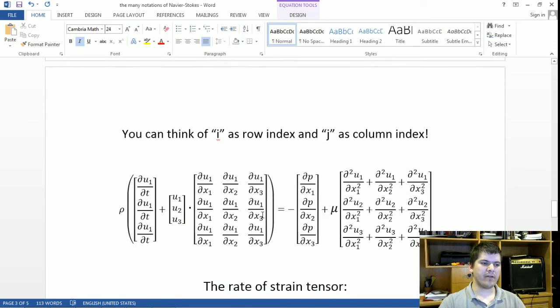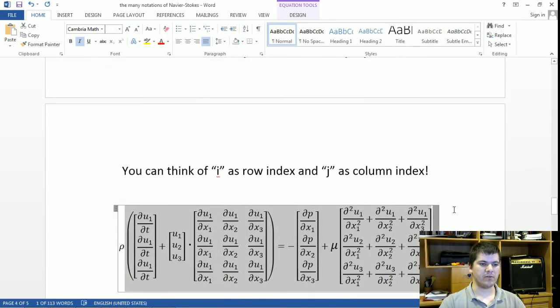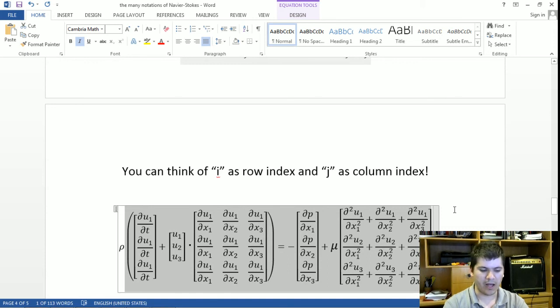You can arrive at this form of Navier-Stokes, which I believe you will not see in any textbook. This is a very uncommon form of Navier-Stokes, and it's not very useful or straightforward to write on a piece of paper or in a mathematical deduction.